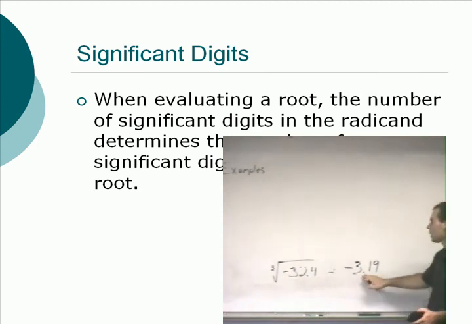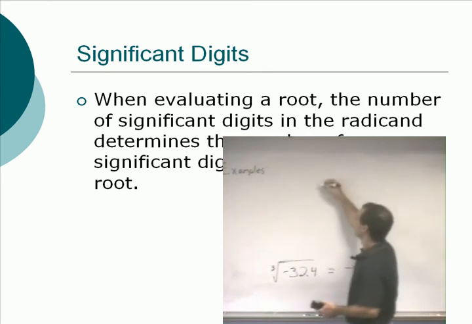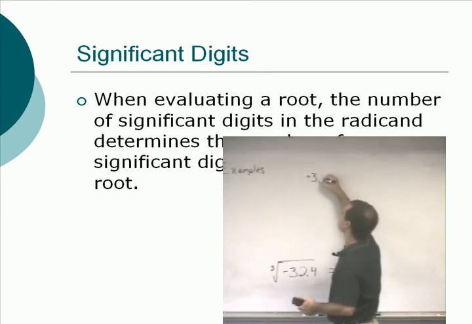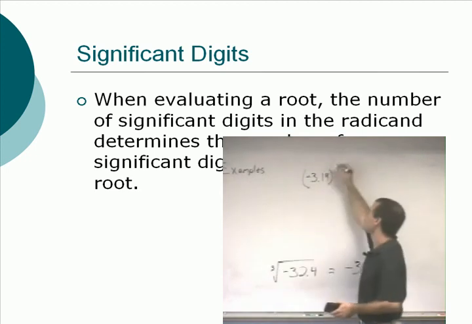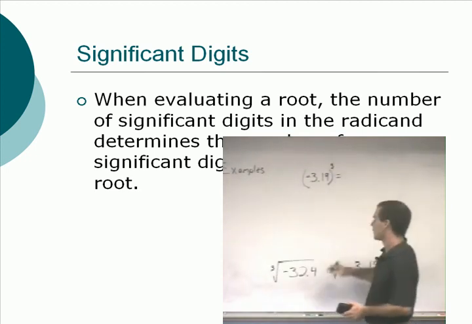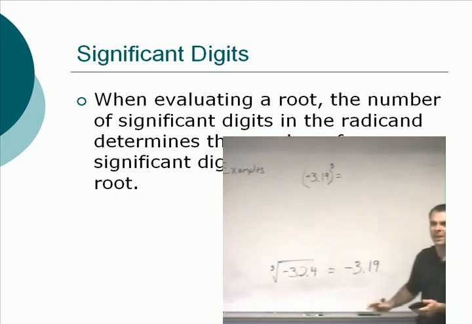Gosh, a negative root, that seems odd. How can you check that to make sure that it's right? You could go back here, take negative 3.19 and raise that to the 3rd power. What had you better get? Negative 32.4. Now, you're not going to get negative 32.4 exactly because we rounded it just a little bit. But you do get 32.46, which is pretty darn close, so we're good to go.